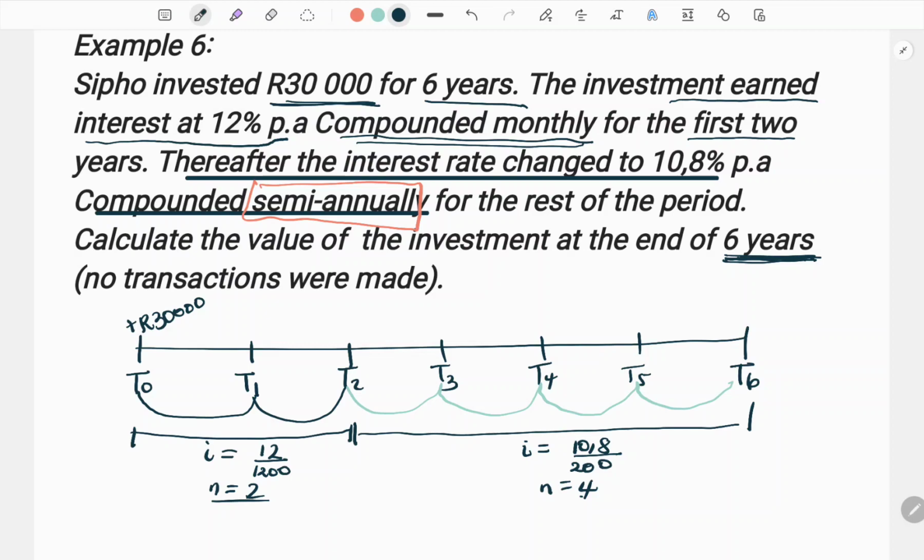Now they say, calculate the value of the investment. Now remember here, you have to find the value from year to year, then you write it, year, 2 years. Then that value you're going to use to complete up until it comes there. There are no withdrawals and deposits, so this one is easy.